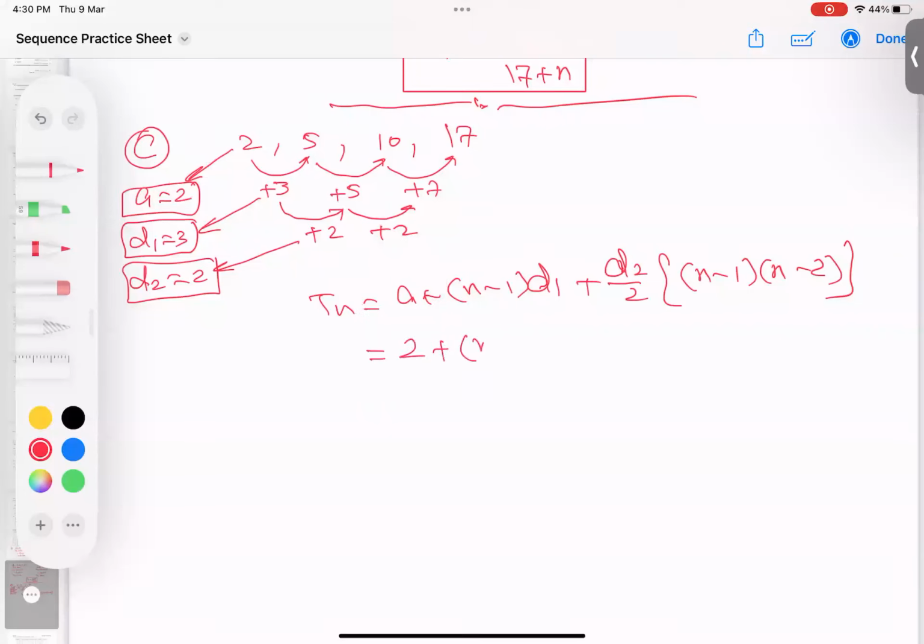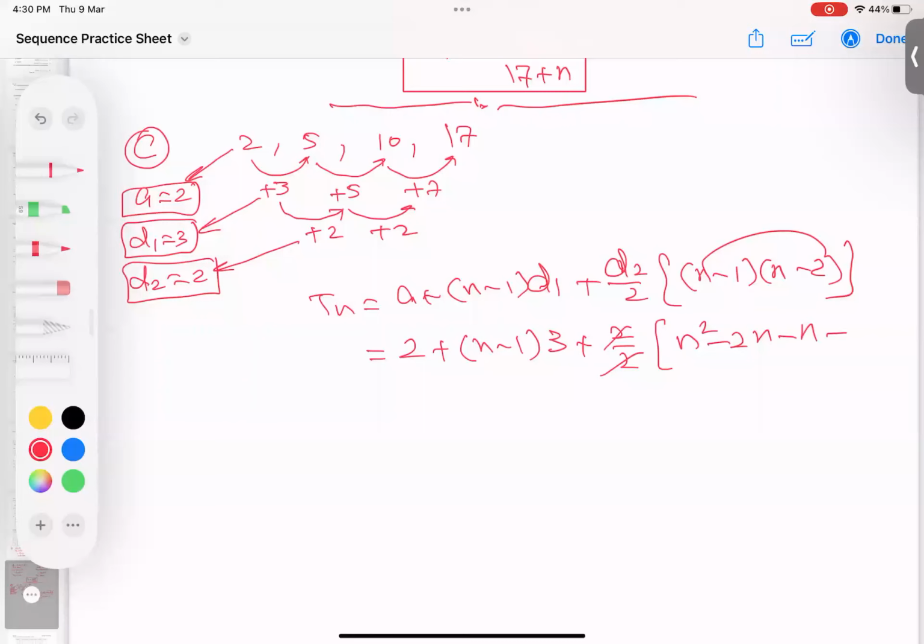This is a very long technique, but anyway, I will tell you the short one too. D1 is 3, D2 is 2. So 2 by 2, they will cancel out. In the bracket, n into n multiplied, I get n to power 2. n into minus 2, I get negative 2n. And then 1 into n, I get what here, students, minus n. And then this becomes plus 2.